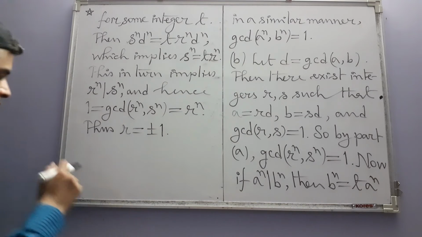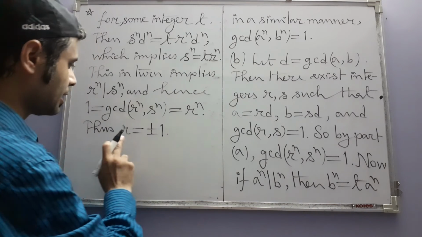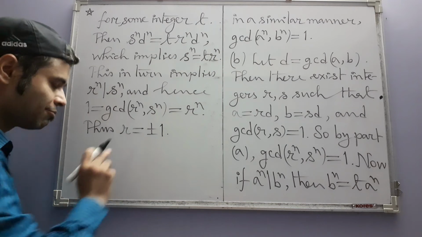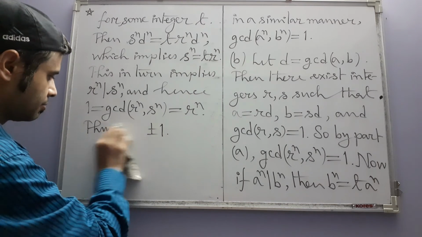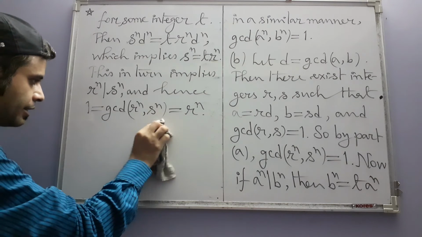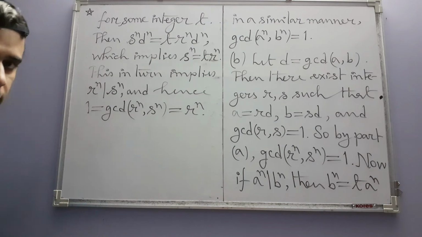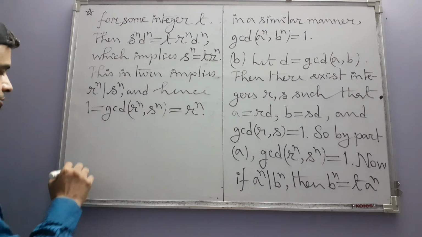Oh yes, this is how you can proceed to show. In fact, let me show it in detail, exactly how we are getting that R is equal to plus or minus 1.